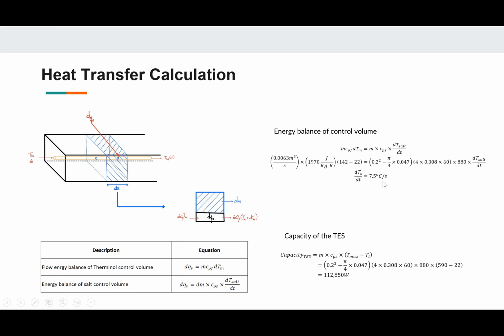And the capacity of the TES was defined at 112,000, which means 112 kilowatts.